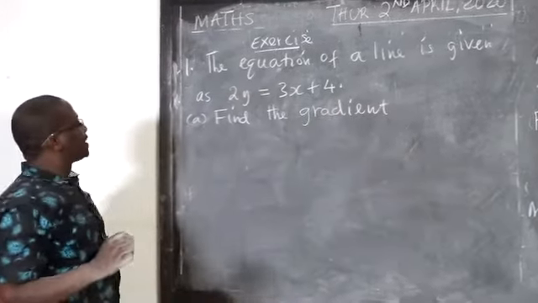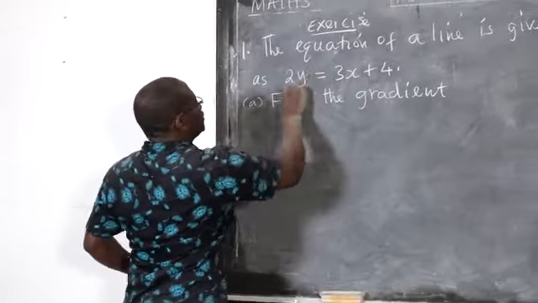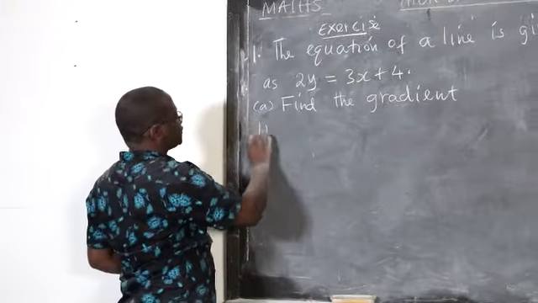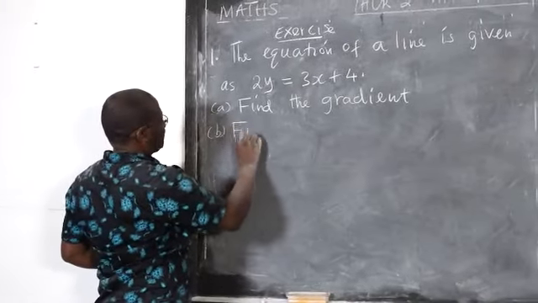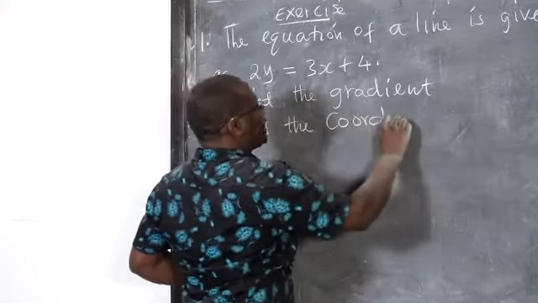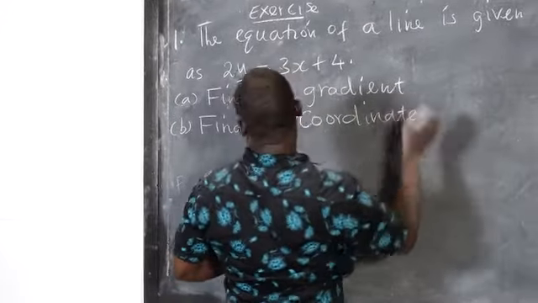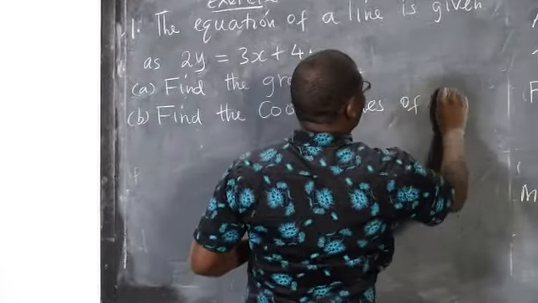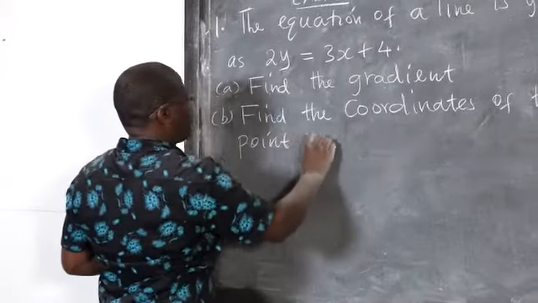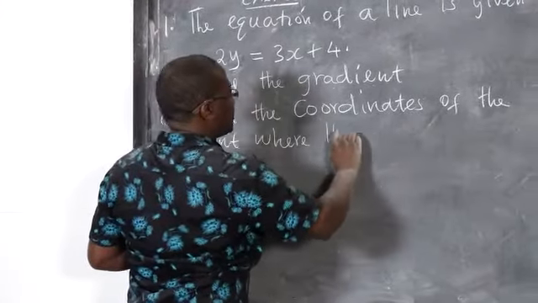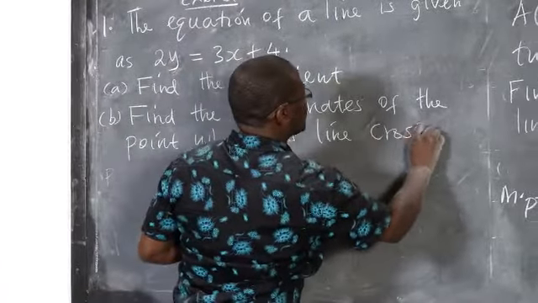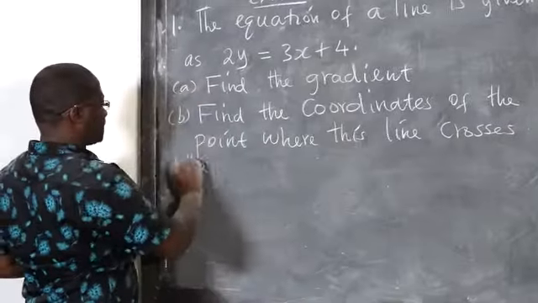So the equation of a line is given as 2y equals 3x plus 4. You are told to find the gradient of that line. Part B, find the coordinates of the point where this line crosses the y-axis.